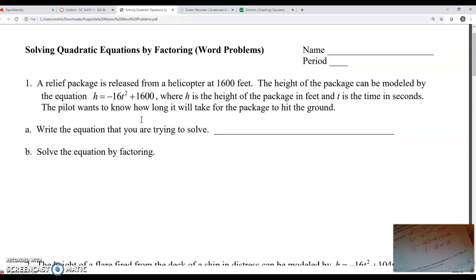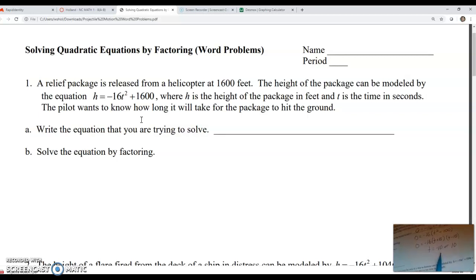So in context, what that means is, okay, what are we talking about here? The package. So the package will be at the ground level, or will be 0 feet above the ground, when t is equal to negative 10 or when t is equal to 10. Now, only one of these makes sense.